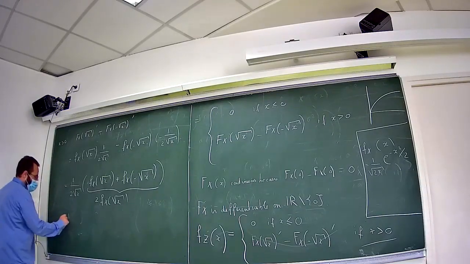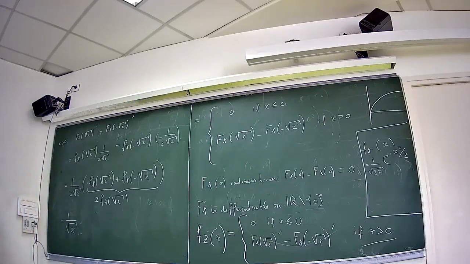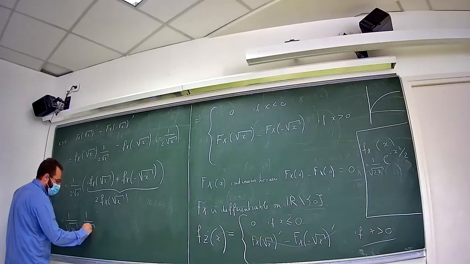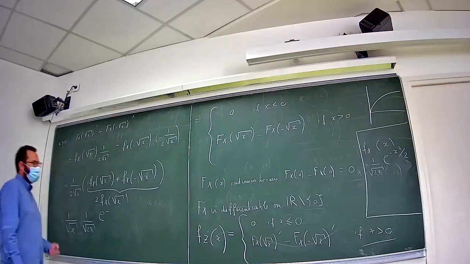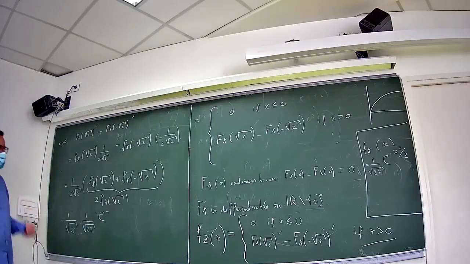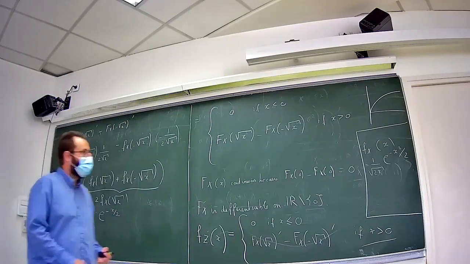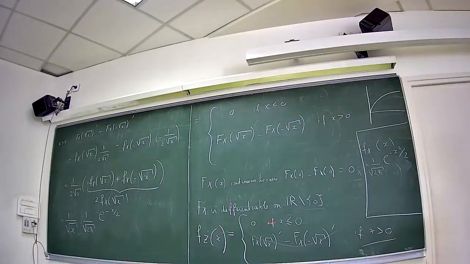So I obtain what? 1 over the square root of x, multiplied by 1 over the square root of 2 pi, exponential minus what? By the square of the square root, that is minus x over 2. So I know my density function will be 0 if I have negative, and if I am strictly positive, it will be the derivative of this one that is given by this expression here.